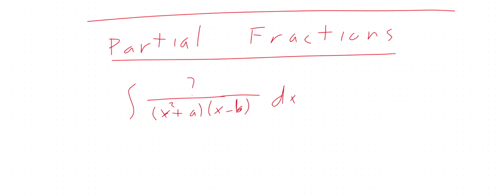up. In this case, it would be an integral of an ax plus b over our x squared plus a plus our c over x minus.